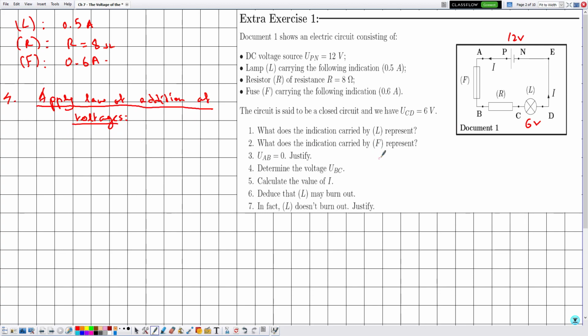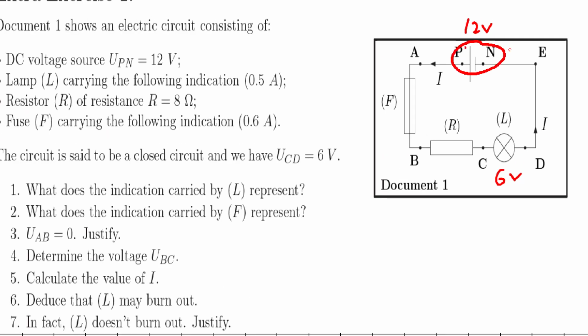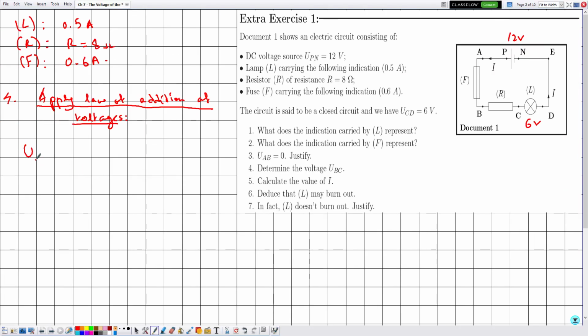So always on the left we place the voltage of the battery, which is given by UPN, and on the right hand side we write the voltages across the different electric components starting from P and ending with N. Each letter we insert twice, from P to A to B, B to C, making sure that UBC must appear, plus UCD, D to E, and E back to N, knowing that we are interested in determining UBC.